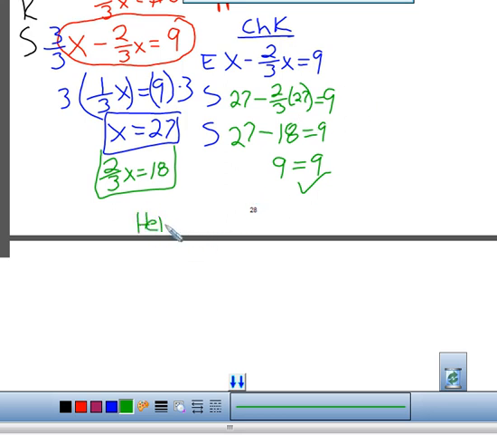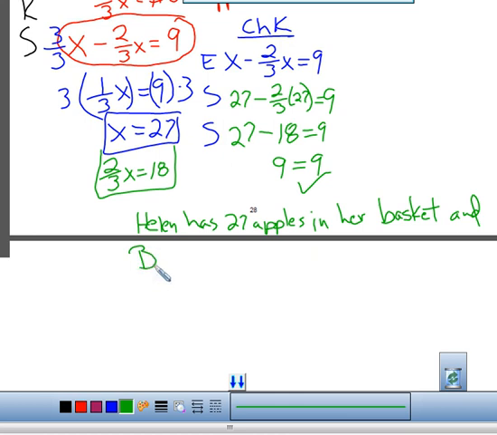Helen has 27 apples in her basket. And Bob has 18 apples in his basket. Period.